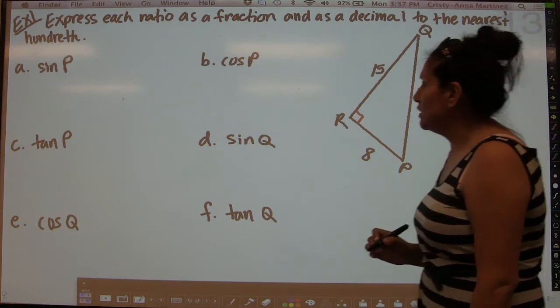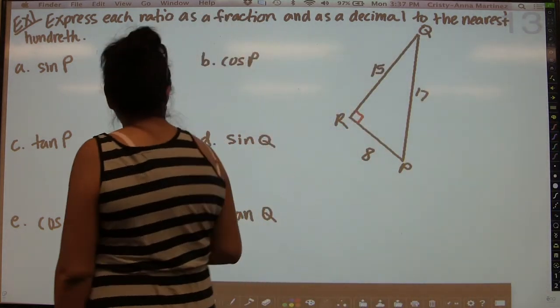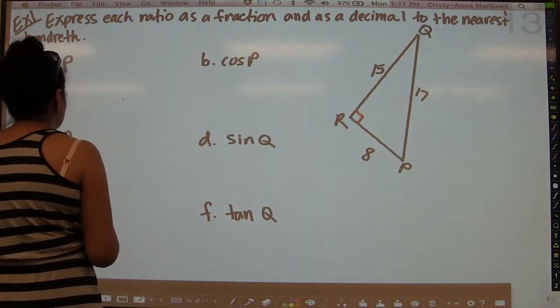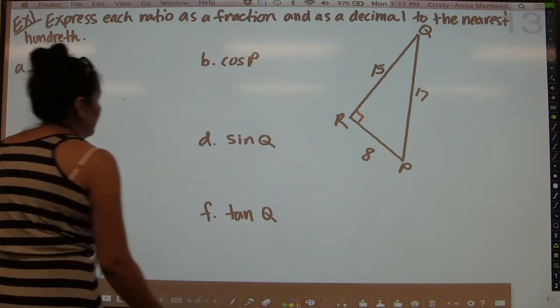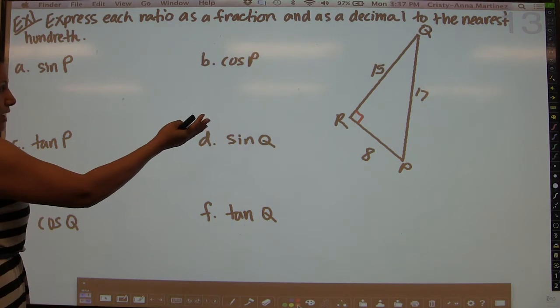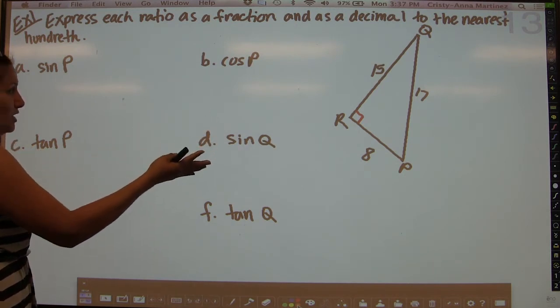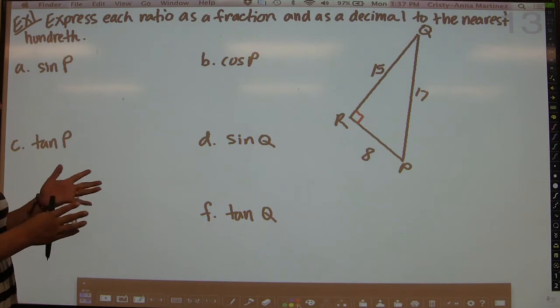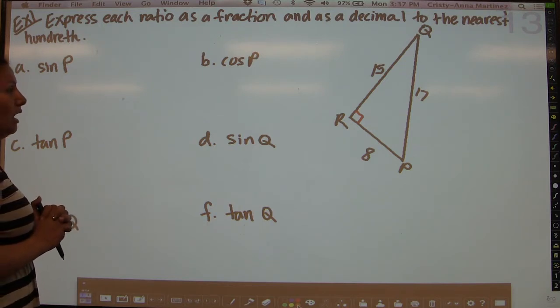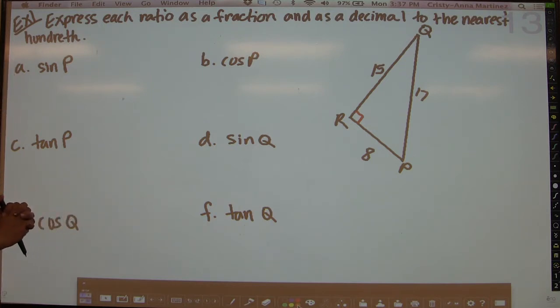It says express each ratio as a fraction and as a decimal to the nearest hundredth. All right? So what we're going to do here is we have a right triangle. We have all of the sides measured. But again, it depends on which angle we're using as far as what the opposite and adjacent sides are. The hypotenuse is clearly always going to be QP because it's opposite the angle R, which is the right angle.